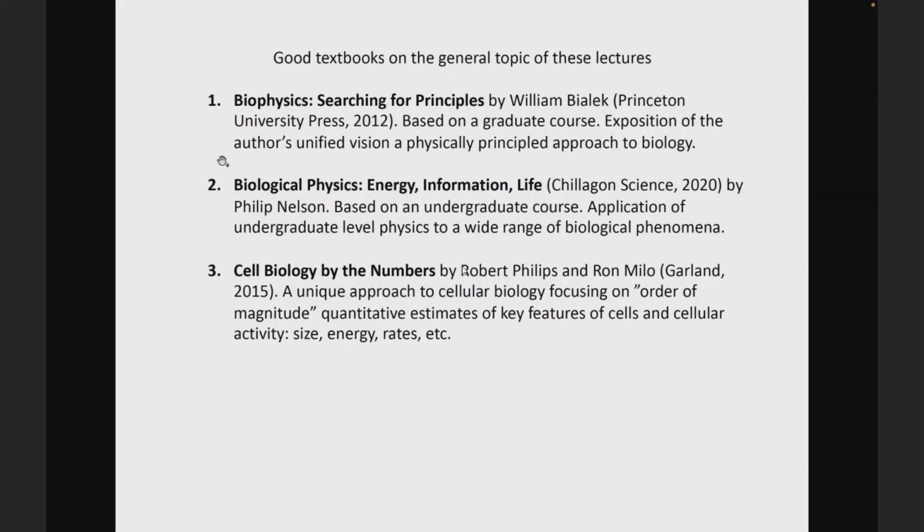That's also based on a course, this one given at Caltech, and it's an approach to cellular biology specifically that focuses on order of magnitude. How big is this? How many are these? How fast is that? And what do the various numbers that characterize things that go on inside the cell, what are they? And why are they what they are, to the extent that you can say.